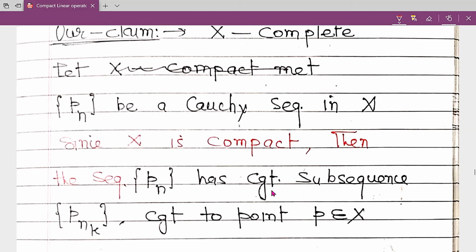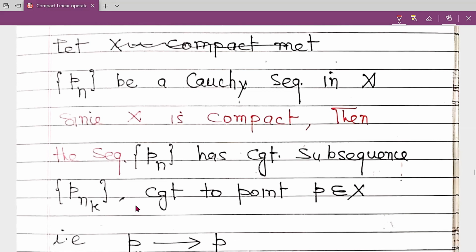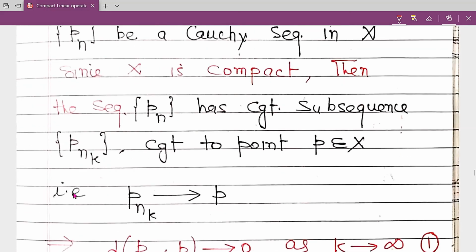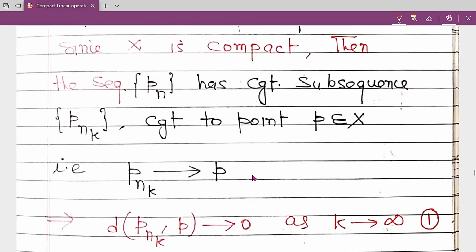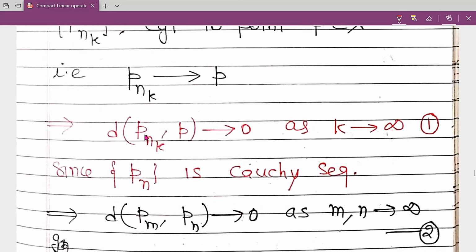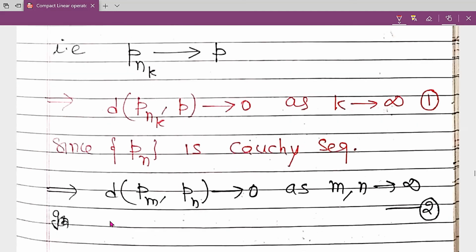Then the sequence pn has a convergent subsequence that converges to a point p belonging to X. It means the distance between p_nk and p approaches 0. Since pn is a Cauchy sequence, the distance between pm and pn approaches 0 as m, n approach infinity.